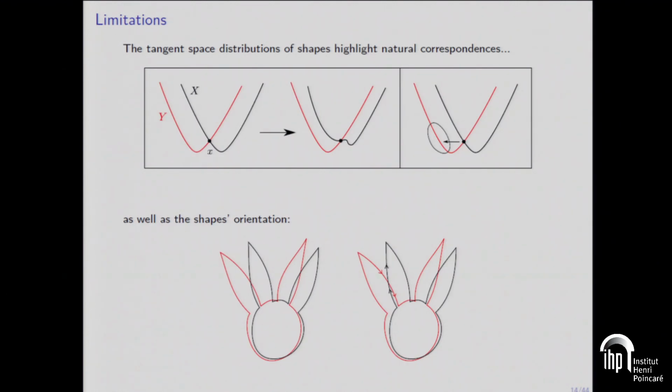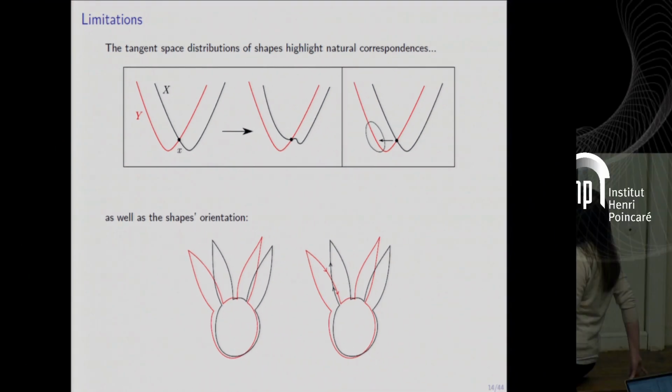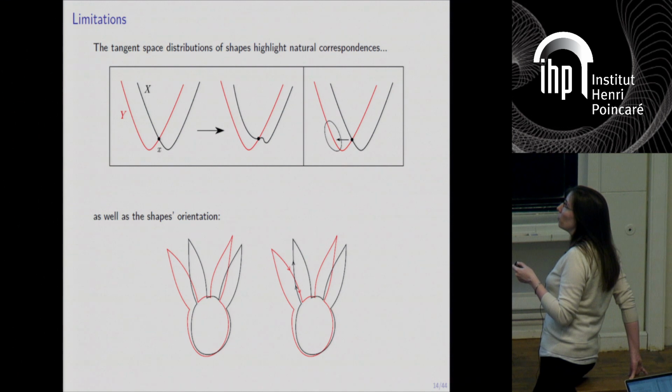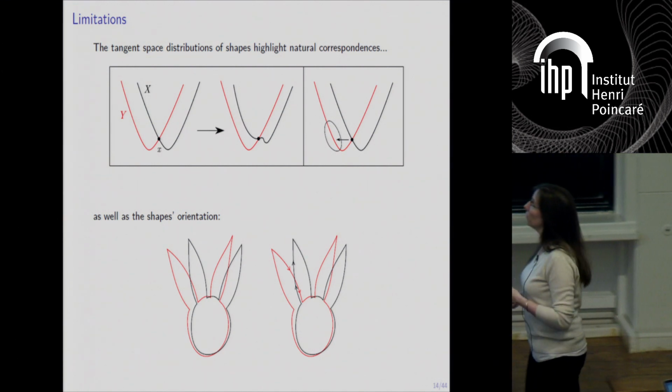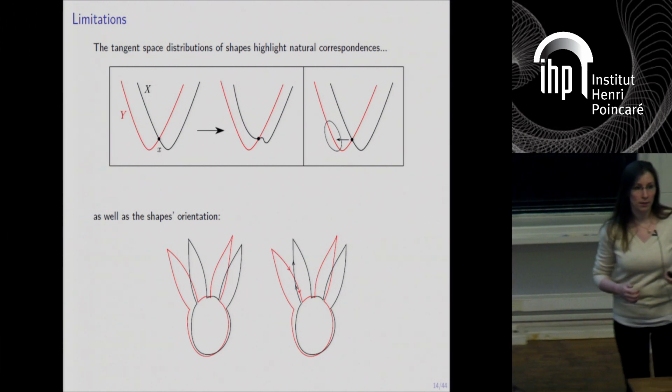So why do we want to use tangent information? Well, when you consider these two shapes, x and y, and you just use your point distribution as before, you have here the point x of the curve x strongly attached to this part of the curve y. And when you locally compute a scalar product between the part of x around this point and the part of y, you have a strong answer that tells you that the shapes are similar at this position.